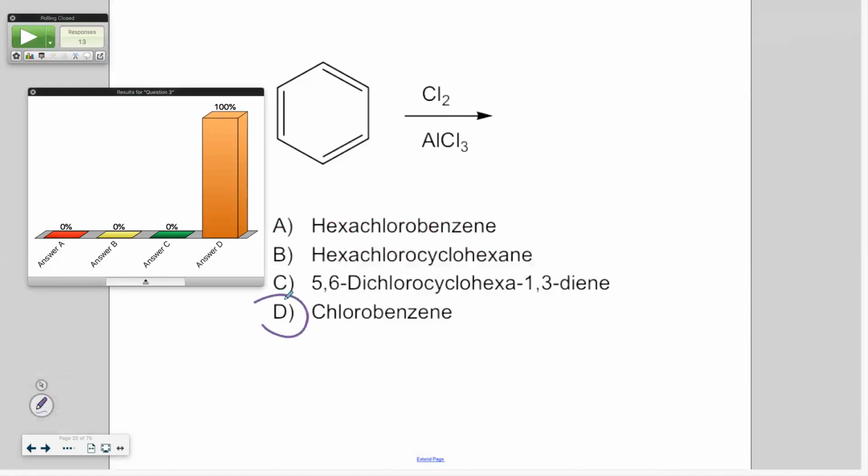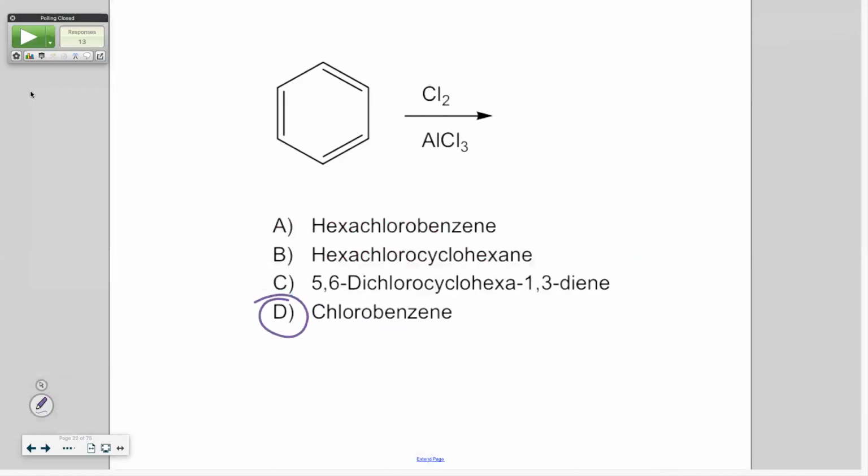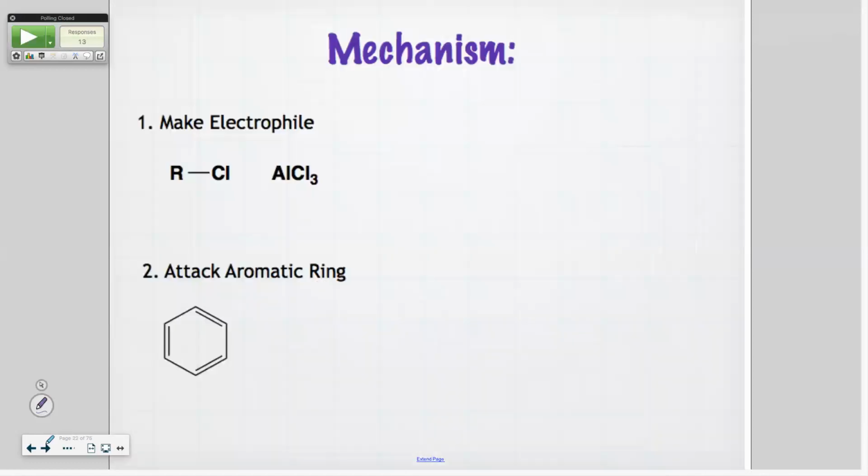Yeah, good job. Don't fall for those other answers, right? Okay, it's just that. What would it be if you didn't have the AlCl3 there? It would add to chlorine. It would be no reaction. Yeah, because being aromatic is so stable that you have to make the electrophile in order for it to do the reaction. Okay, not that I would trick you like that, but other people might trick you like that.